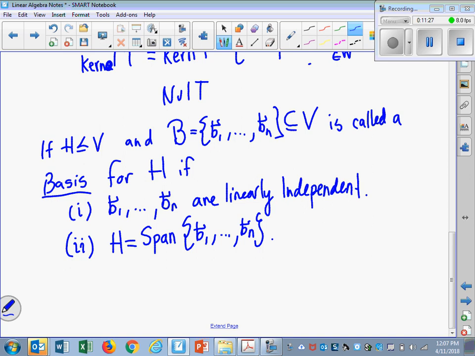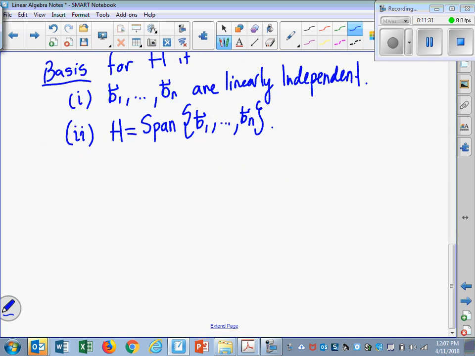Let's talk about what it means to be linearly independent. I used linear independence up there, but what does that even mean? It's similar to what we were talking about before.